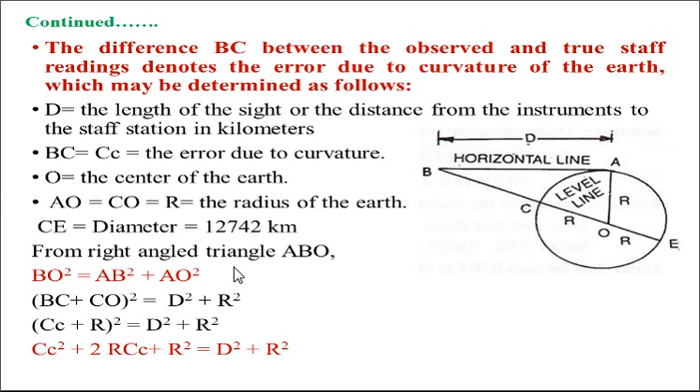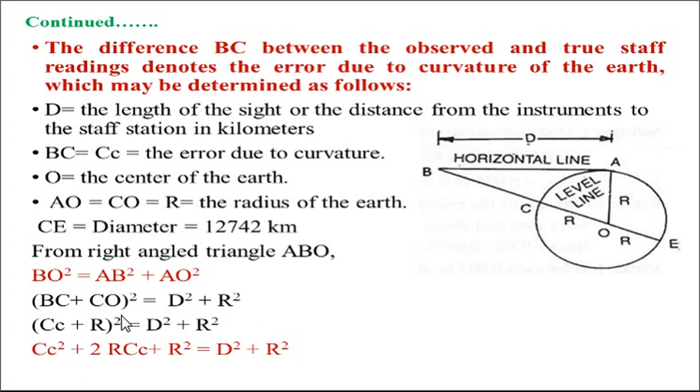So by Pythagoras theorem, substituting the value of BO, which is BC plus CO, in brackets squared, is equal to OA, which is R, and AB, which is D. So substituting the values, D square plus R square.